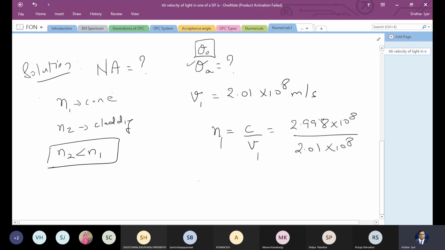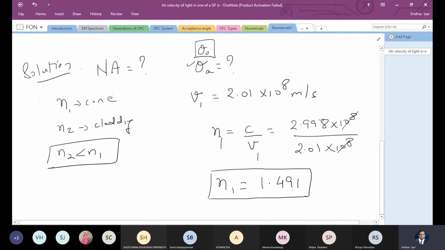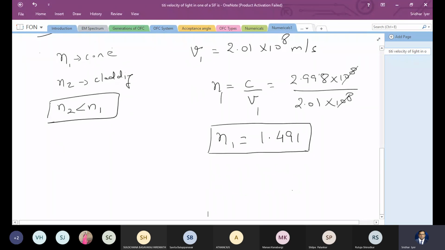I'm not putting the units because meters per second for both will just cancel. So from this you can find N1. The 10 raised to 8 and 10 raised to 8 cancel, and this comes out to be about 1.491. So from that information, I can find the refractive index of the core, which is N1.